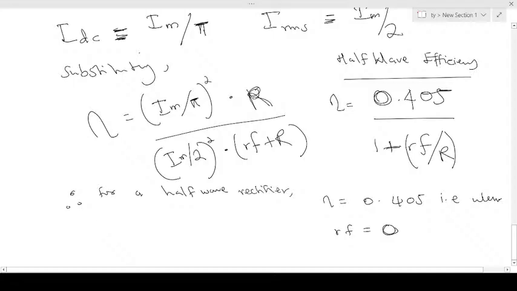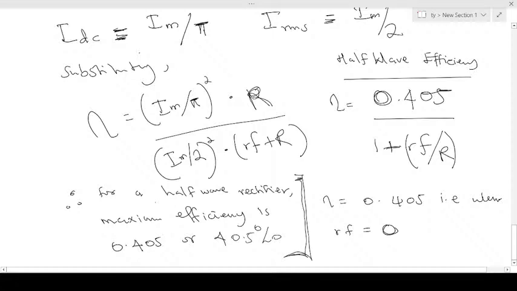Our maximum efficiency is 0.405, or 40.5%. Now, it's very clear that 40.5% is not a sign of a very efficient rectifier, which is why half-wave rectifiers are scarcely used.